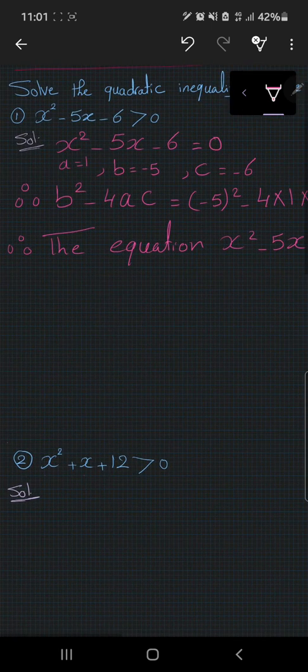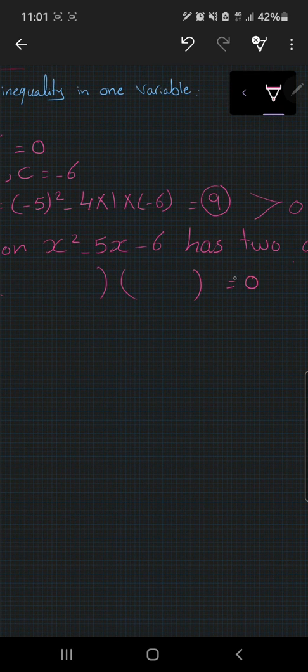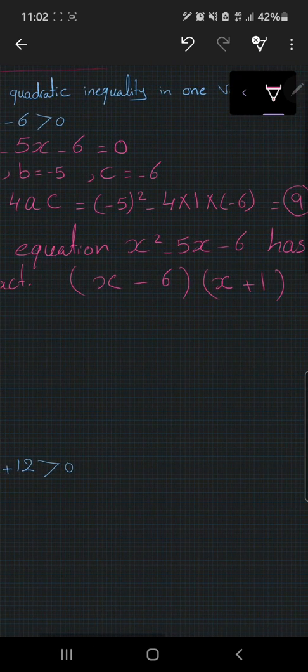By factorization, open two brackets equals 0, x and x, negative 6 plus 1. So x equals 6 and x equals negative 1.